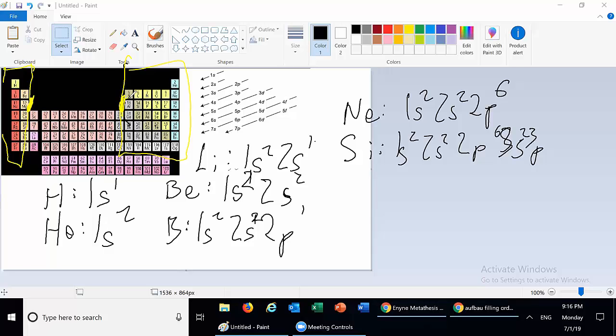So now we have only 2 electrons in the 3p orbital, right? And if you want to double check your work, notice that all of these numbers need to sum together to the atomic number.